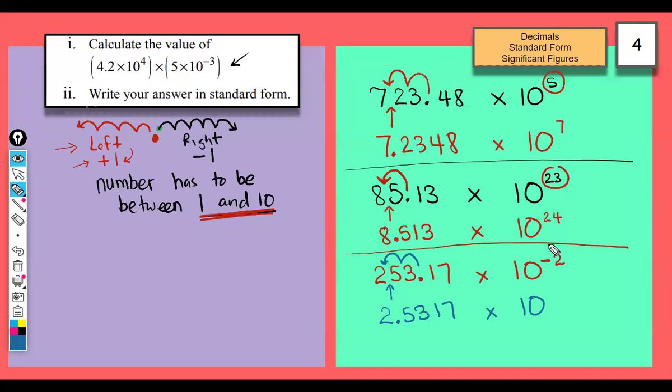But this number here, this power over the 10, it's supposed to increase by how much? Isn't it supposed to increase by 2? Right now it's -2, right? Remember, this number is supposed to increase by 2. We're moving it to the left, so we have to increase it. How much is -2 plus 2?